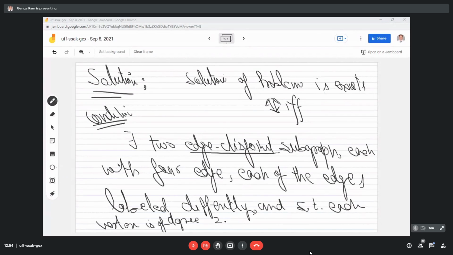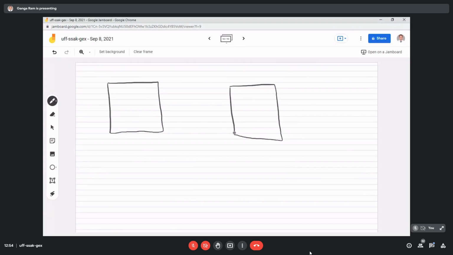Okay, you can verify that. B R W G with labels 1 4 2 3.